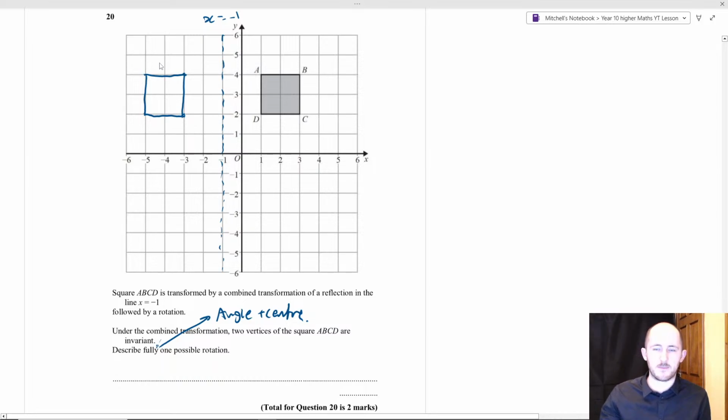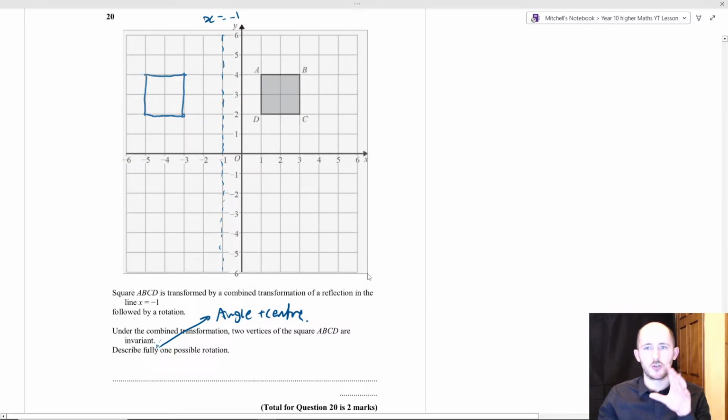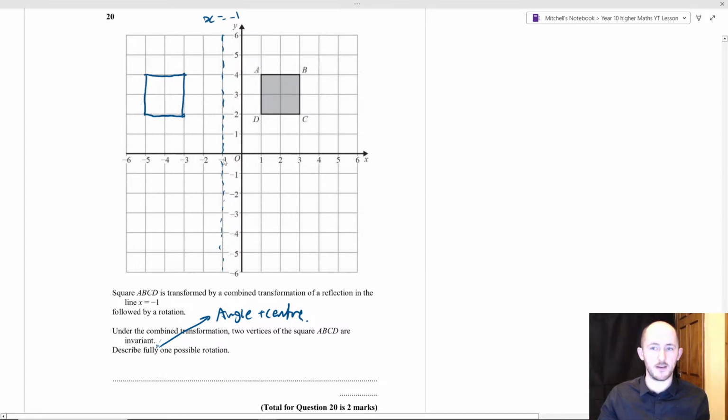Put the tracing paper on top of the whole thing, right? Make sure it covers the whole thing. Copy the actual square that we've just drawn. And then what you want to do is put your finger where the center of rotation is, right? So maybe you want to start at 0, 0.